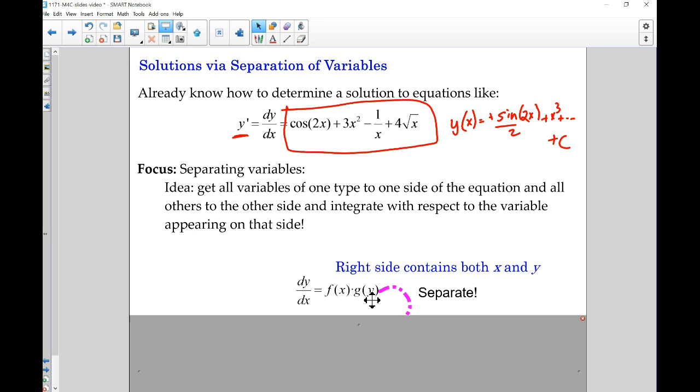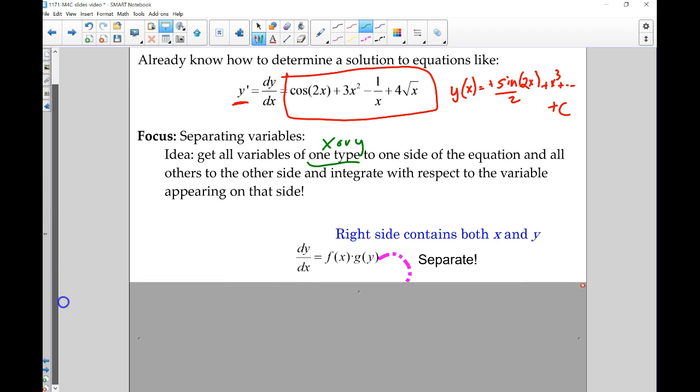We could have them on the same sides, or we could have the x with the derivative, whatever. What we're going to do is try and separate it out. So we want to get all the variables of one type, like x or y, to one side of the equation and all the others to the other side. Get the variables isolated and then integrate with respect to that variable on that side.